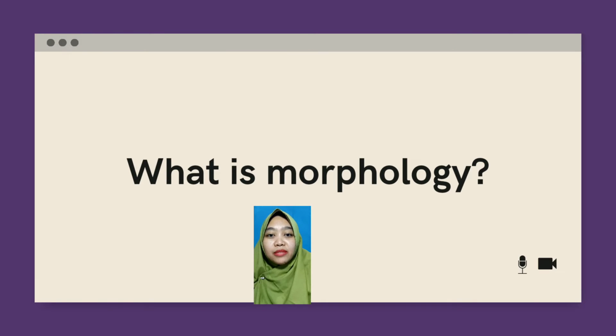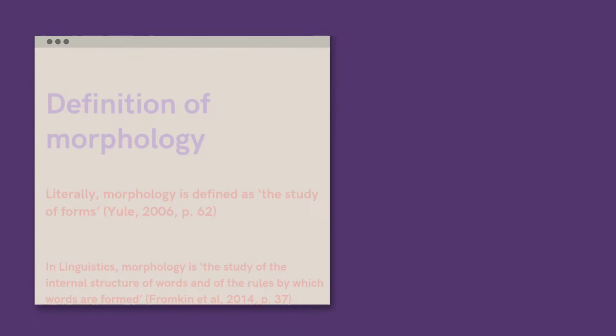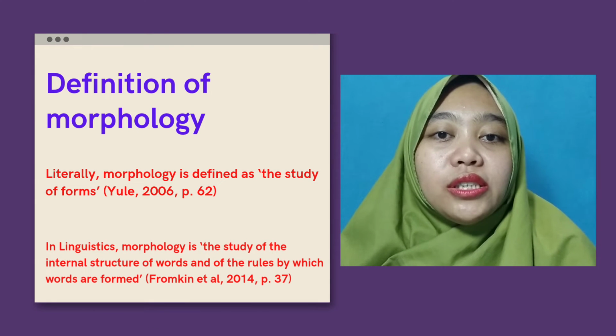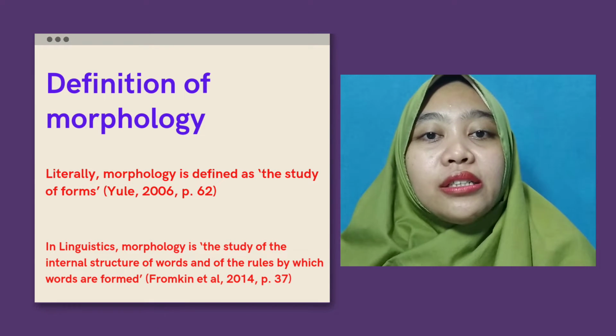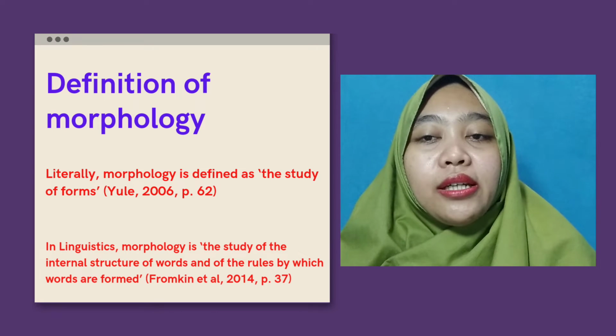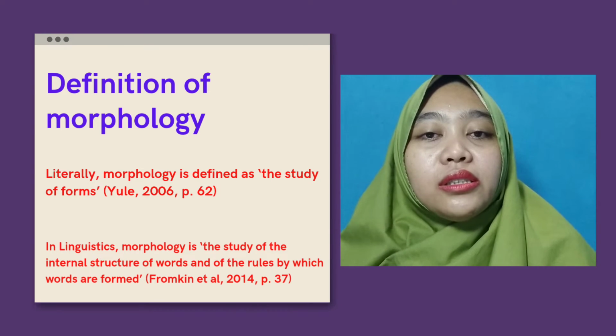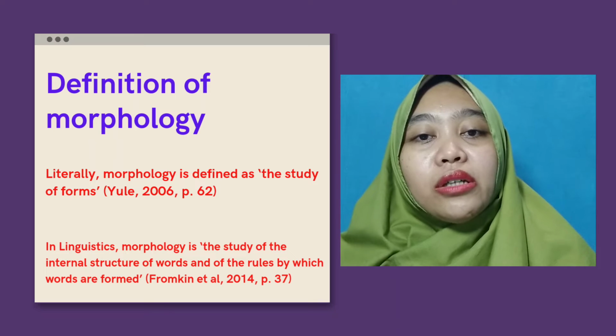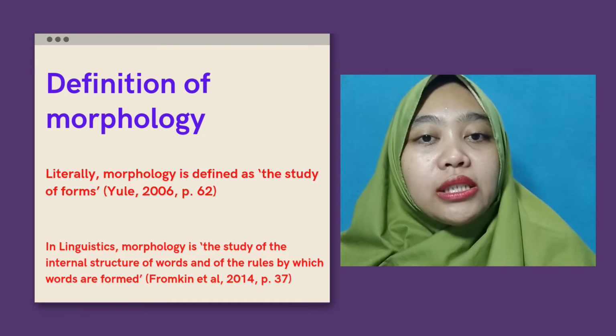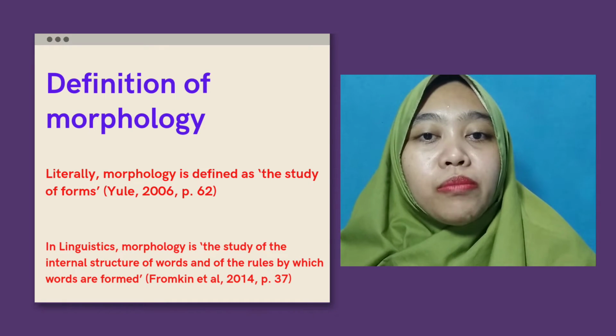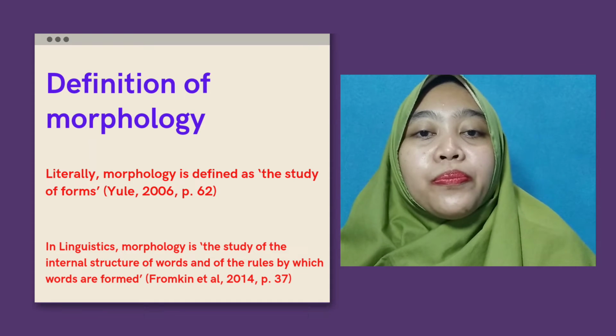So, what is morphology? Literally, morphology is defined as the study of forms, but in linguistics, morphology refers to the study of the internal structure of words and of the rules by which words are formed.